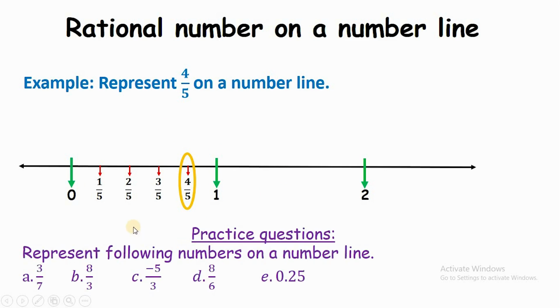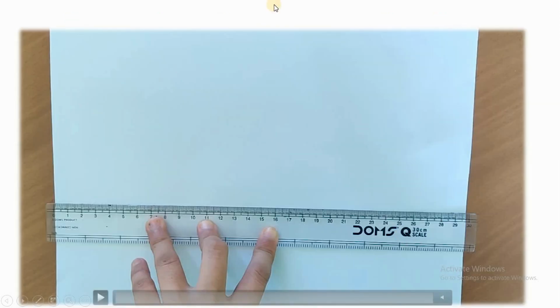Similarly, you can take a break for 10 minutes and try to represent the following numbers on the number line: A, 3 by 7; B, 8 by 3; C, minus 5 by 3; D, 8 by 6; E, 0.25. In the next part, we are going to discuss the irrational numbers on the number line.